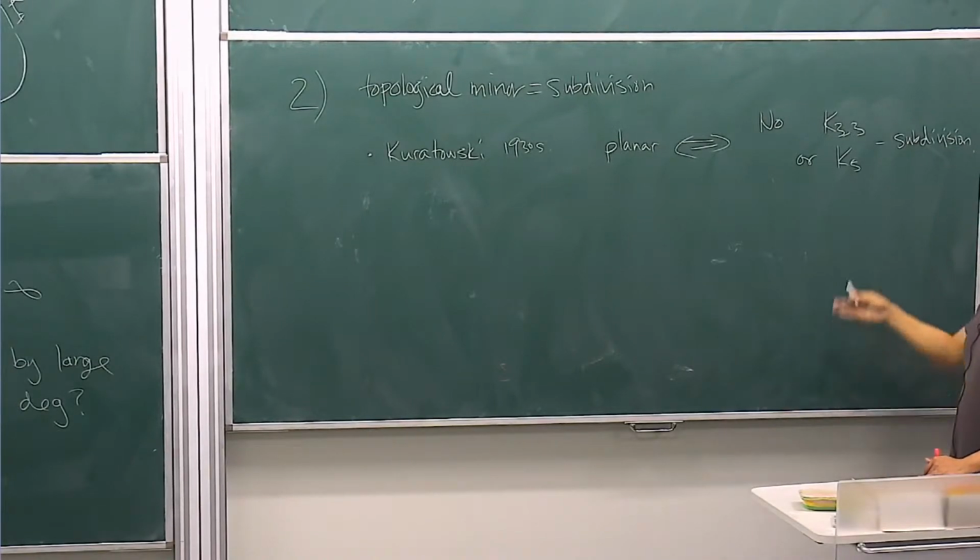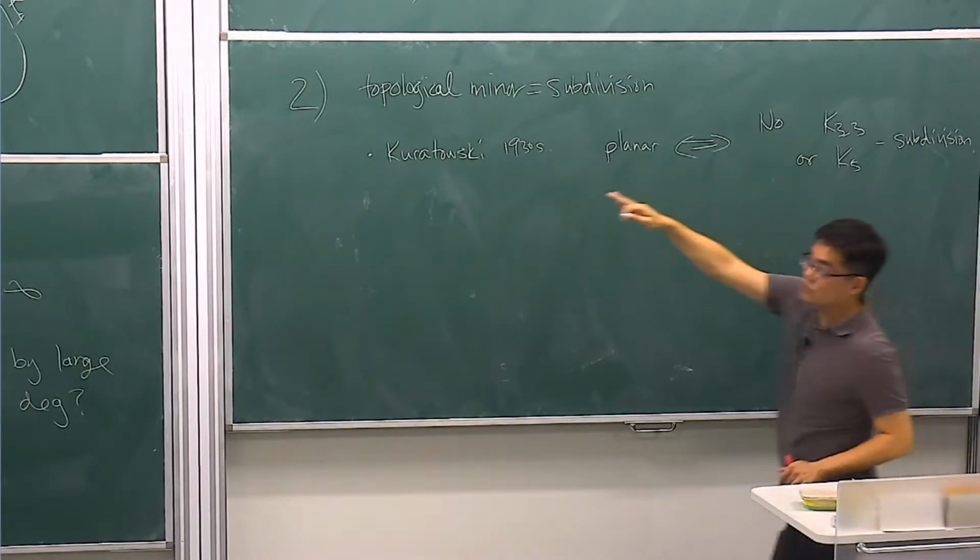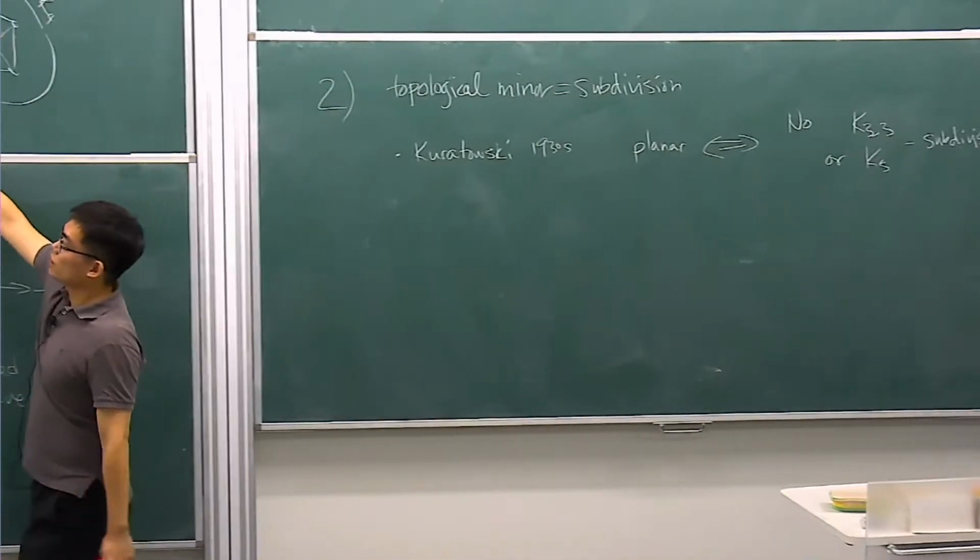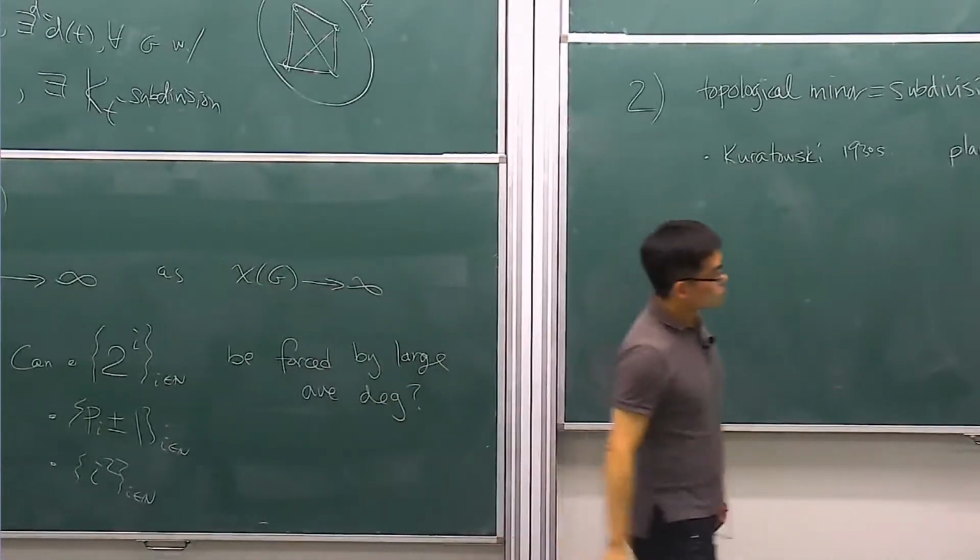Later there's the graph minor project by Robertson and Seymour, but that's a different direction. I would like to talk about the extremal direction.